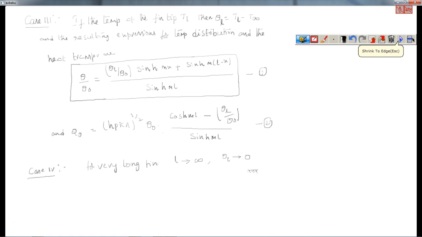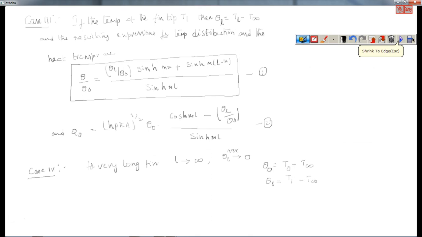Why is that? We defined the temperature difference theta as T minus T infinity. At the base of the fin, when x is equal to 0, it is called theta 0 and the temperature is T0. Similarly, theta L is considered when x is equal to L and the temperature is TL minus T infinity.